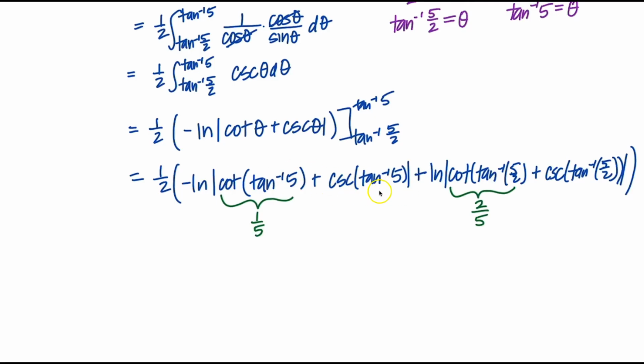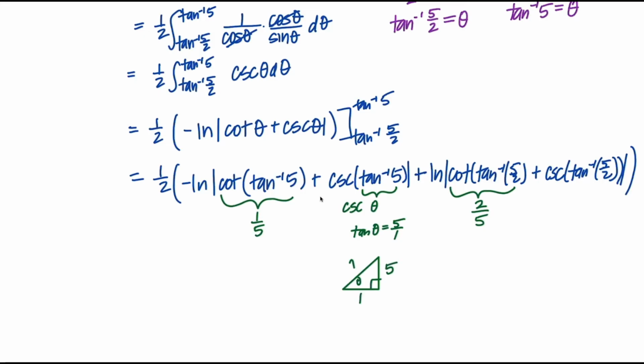So to simplify this composition, I can create a triangle. So I can say, well, tan inverse of 5, that's some angle theta. And then this problem is really asking me to do cosecant of theta. And tangent of theta then must be equal to 5 over 1. So we'll construct a right triangle with an angle theta, and tangent is opposite over adjacent.